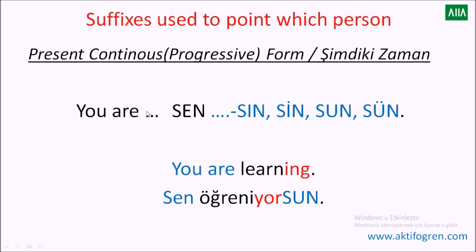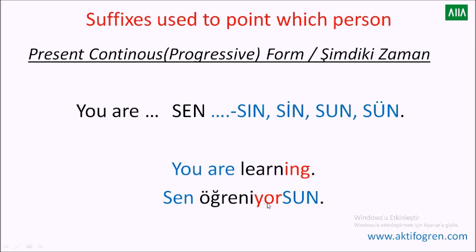So you are, which is sen, shows at the end the suffixes sun, sin, sum, sün, present continuous tense. So you are learning. You are shows automatically sen, blah blah blah, sun. But how I write sun depends on the verb form, as you see here, guys.